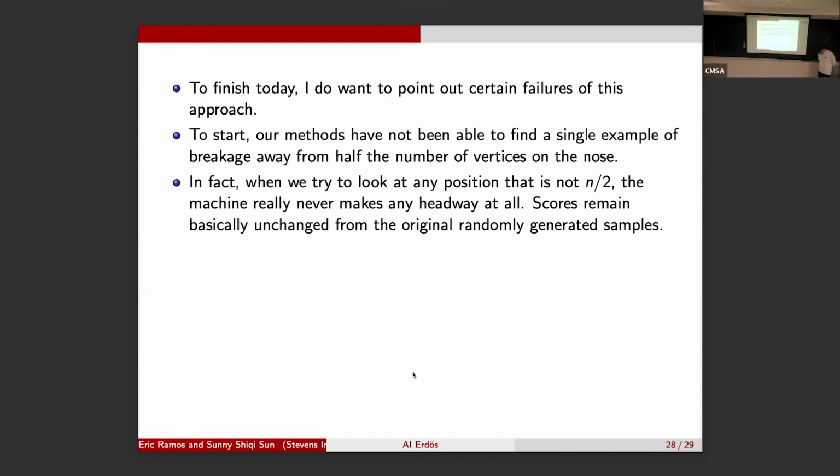Now, with this in mind, if you put all the jigsaw pieces together and you squint, this actually suggests to me that the original Erdos conjecture is going to be true. So why do I say this? Let me put all the jigsaw pieces together here.